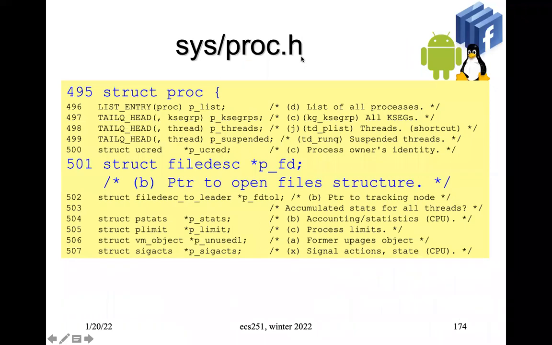Okay, so first, I'm going to show you a structure. You probably already include this if you're doing Unix system programming. You have a look at sys/proc.h. So sys/proc.h is basically the data structure to capture all the processes or threads in your operating system kernel.